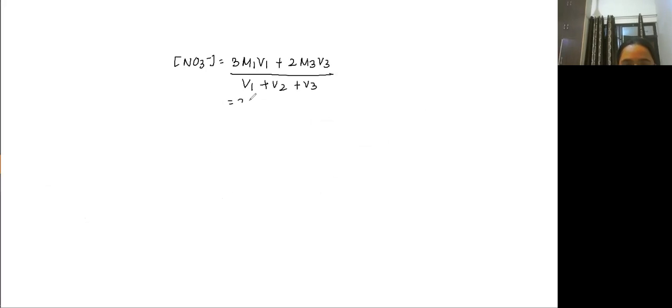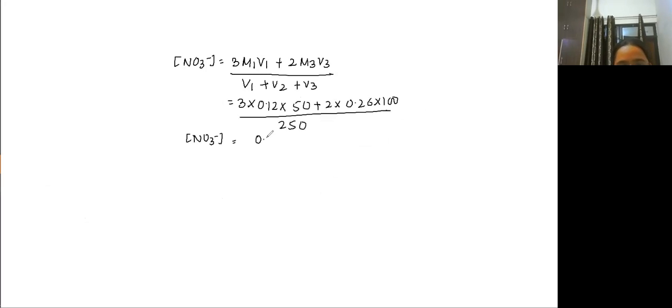So that is 3 into 0.12 into 50 plus 2 into 0.26 into 100 divided by 250. So NO3 minus is equals to 0.28 molar.